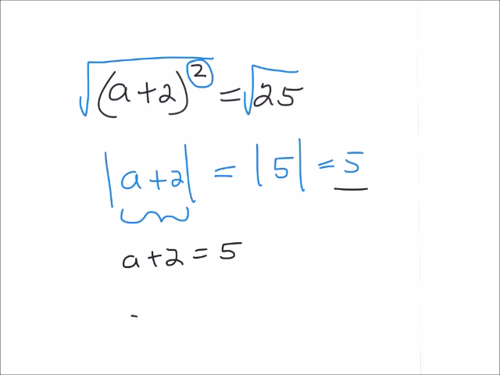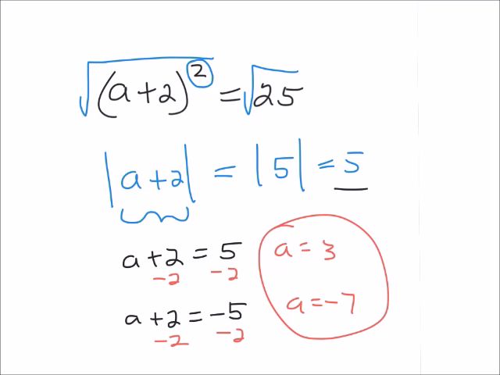And we also take a plus 2 and set it equal to the negative of the evaluated value. So now we can solve for a, and we'll find out that we have two different answers. So we subtract 2, and we get a equals 3. We subtract 2 down here, and we get a equals negative 7. Just like we had done previously in our absolute value problems earlier in the semester.